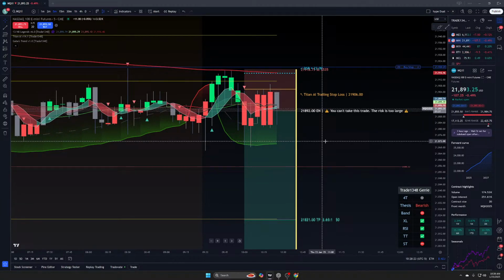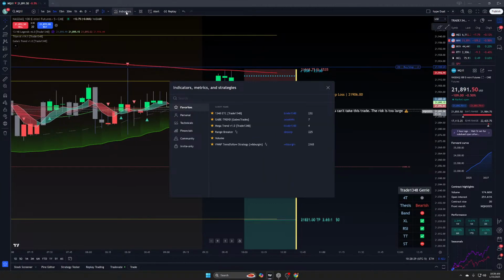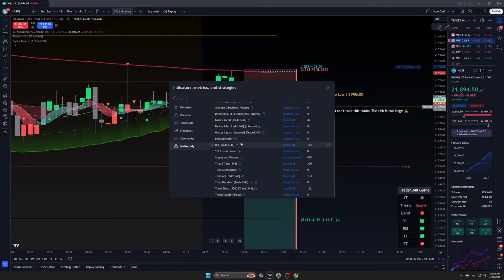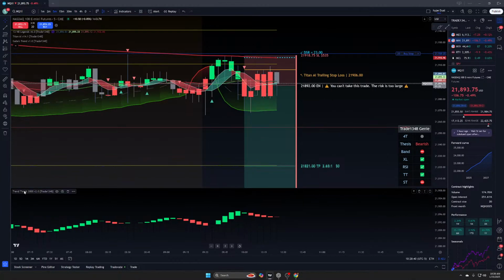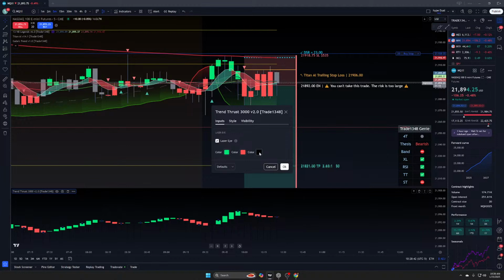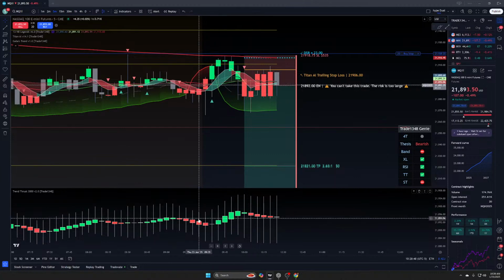We're chilling. And someone makes a mention of trend thrust, right? So let's go ahead and add trend thrust to this. Just another cool indicator that we have. One of the tricks is we go over to settings and change that black to a white. And there you go. You can see the wicks here.